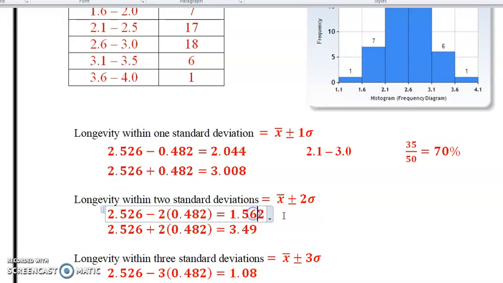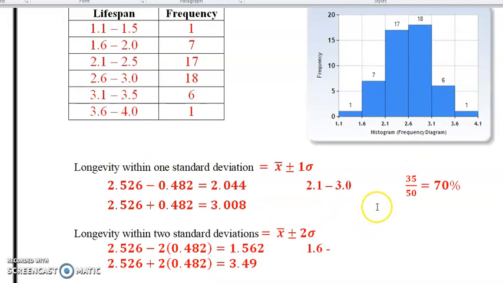And from 1 decimal, now obviously this is 1.5, so we can't get any lower than 1.56. So our values are going to be from 1.6 up to and including 3.4, or we can round it to 3.5. That's fine. All right. Again, these are just estimates.